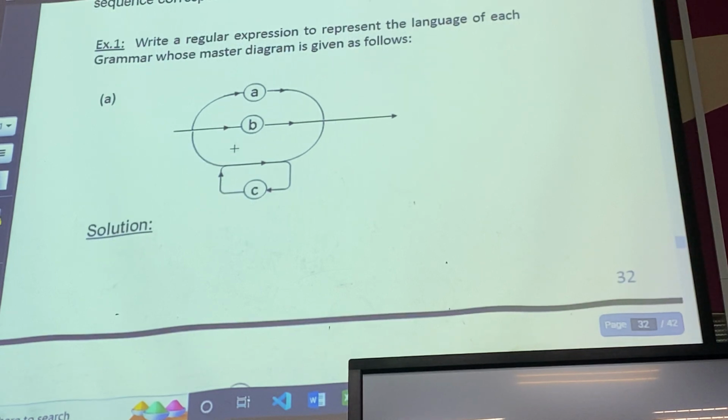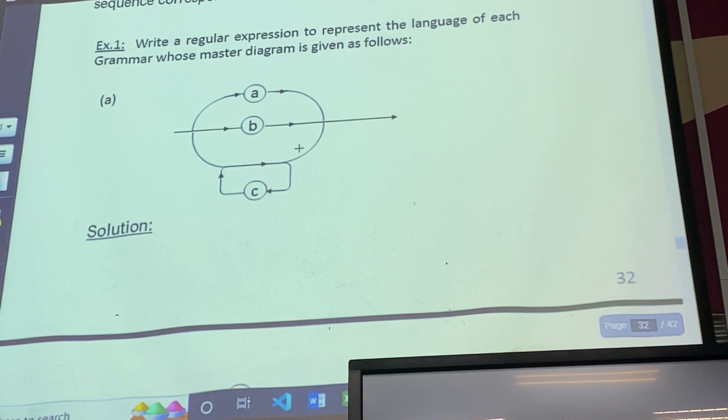So how do we write it if this is the diagram given? Just now I asked you to draw the master diagram already, right? Now you write back the regular expression. What do these 3 lines mean? Why do we have 3 lines here?